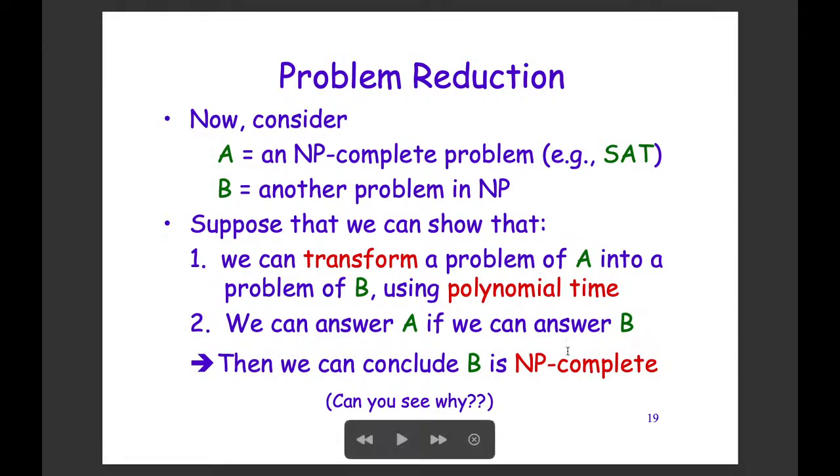The reason is that, first of all, the first part established the fact that A is easier and B is harder, right? Or B is at least as hard as A. But then there could be many hard problems.